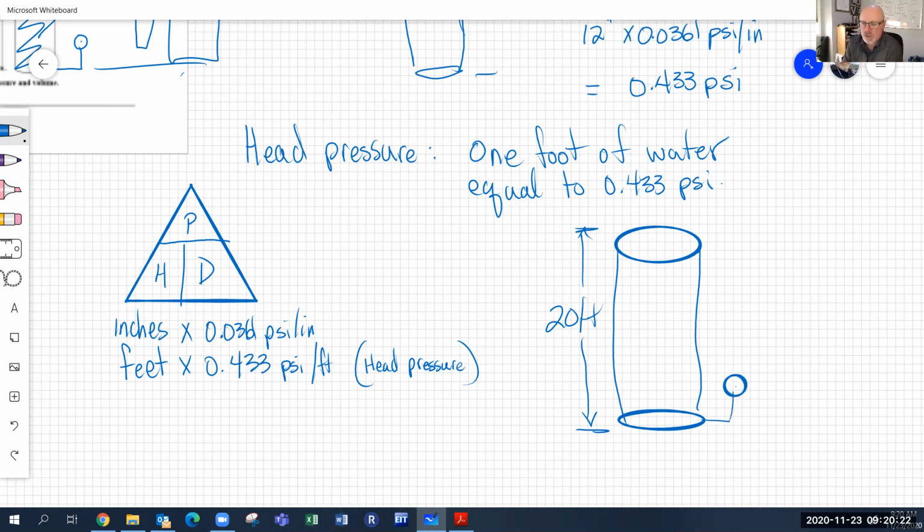I simply take 20 feet and multiply it by 0.433 PSI per foot. And my pressure on this gauge would be 8.66 PSI. So as you can see, pressure is all about the height of the fluid. Calculating pressure is all about the height of the fluid.